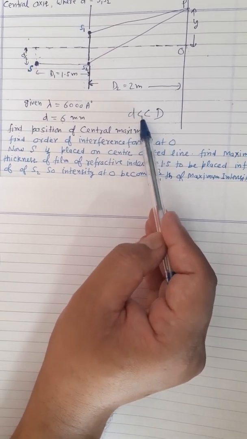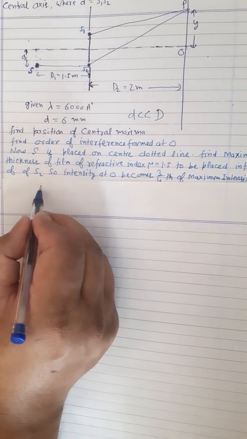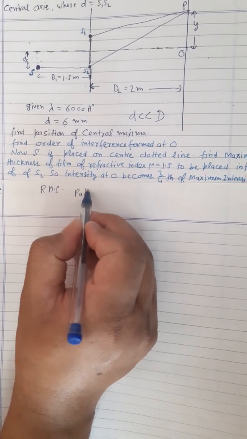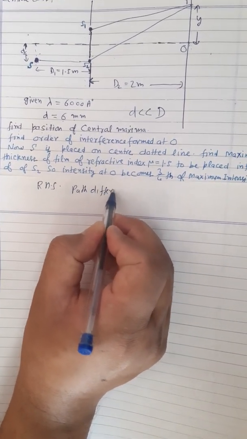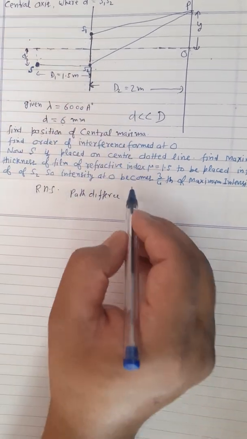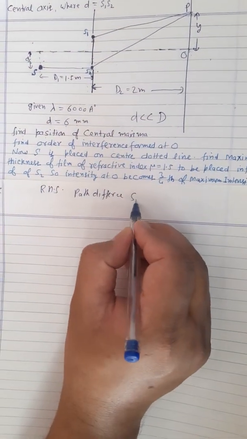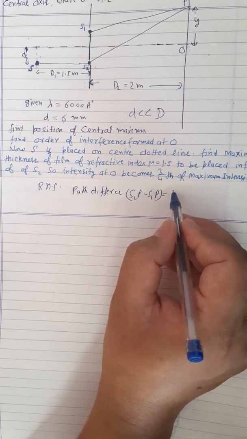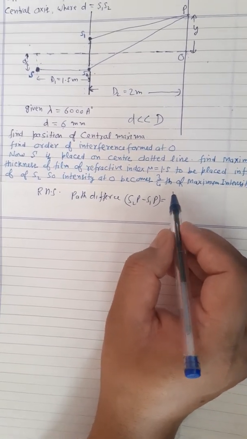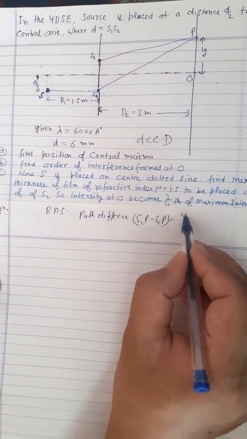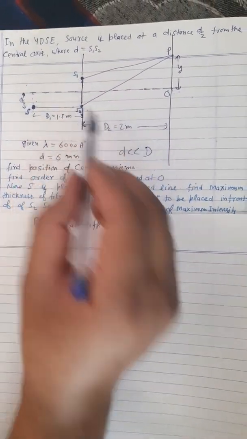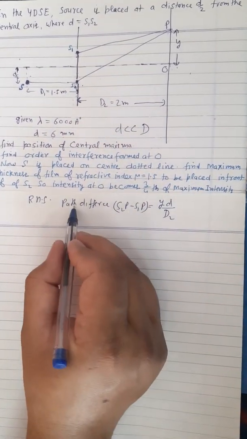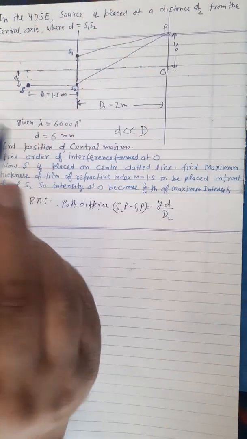At the approximate position on the right hand side, the path difference from S1 and S2, where S2 is the greater path, means S2P minus S1P. By the formula we know it is xd upon capital D. So here it is Y into small d, the distance between the sources, upon capital D, they have given D2. That is the path difference on the right hand side.